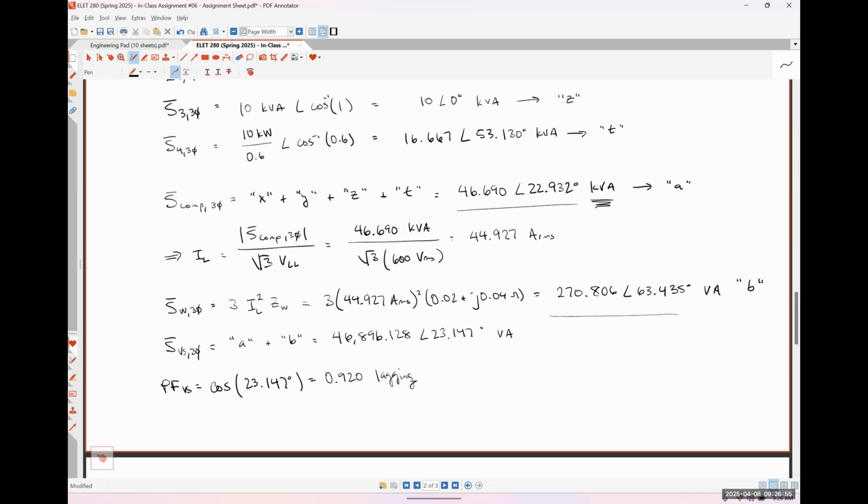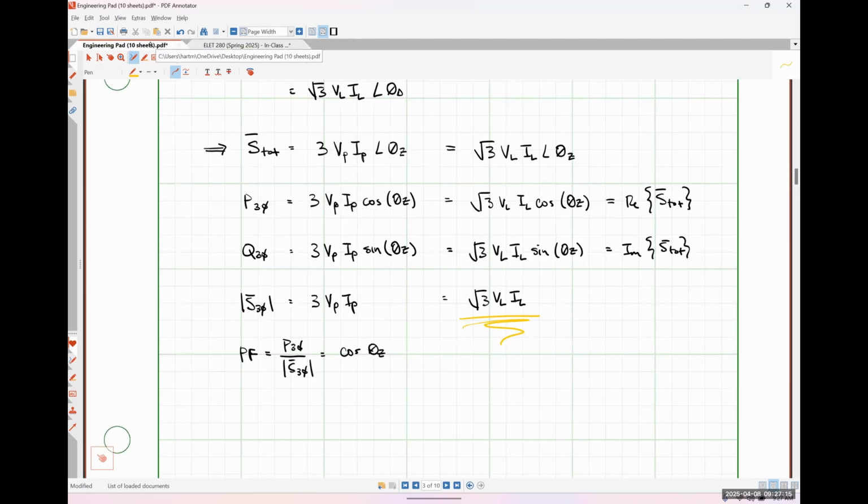All right, so how am I going to find the voltage VLS? Let's look back at this relationship right here. We just calculated a moment ago the total complex power supplied by our voltage source, and we're trying to find the line voltage at our source.